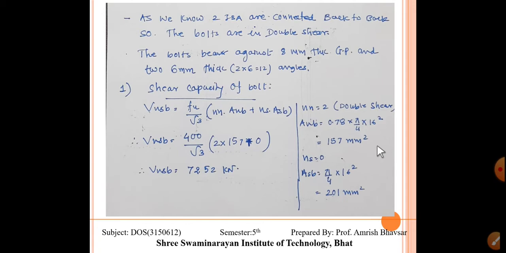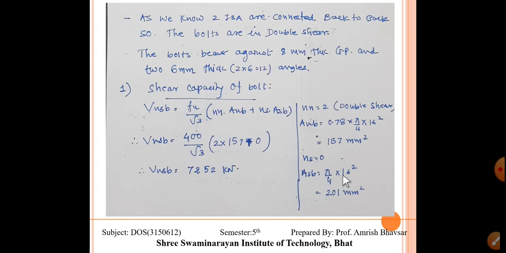In each and every case, as we discussed in our last lecture, we always consider Ns as 0. But we have to find Asb because it is in the equation. So Asb is equal to pi by 4 into 16 square, that's why Asb is equal to 201 mm square.